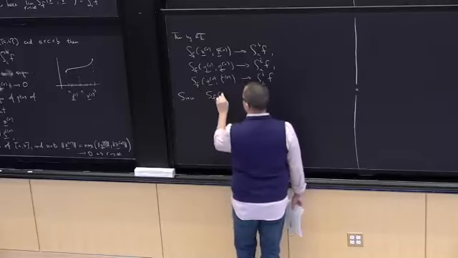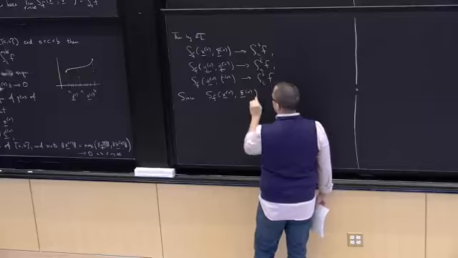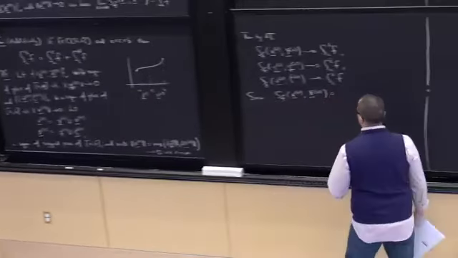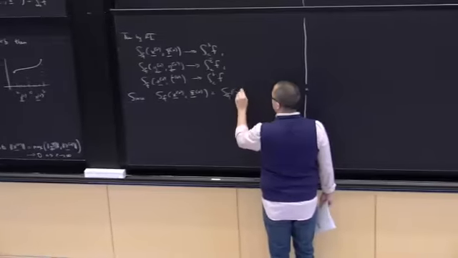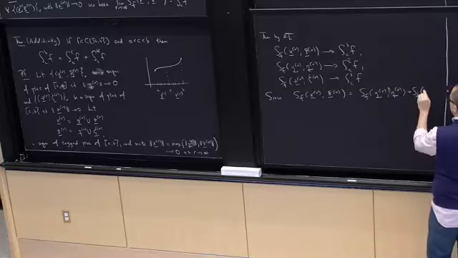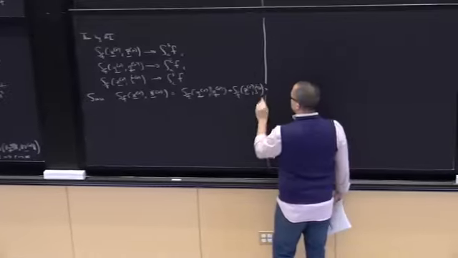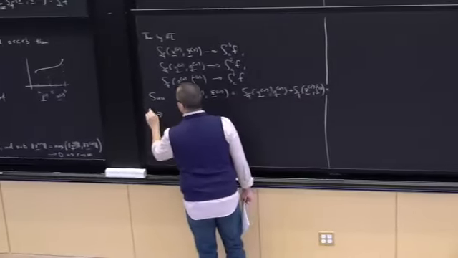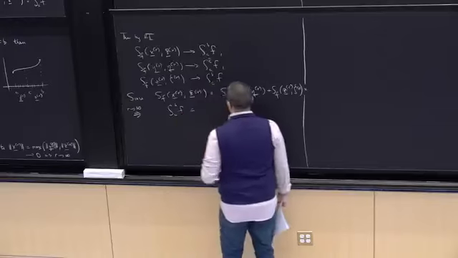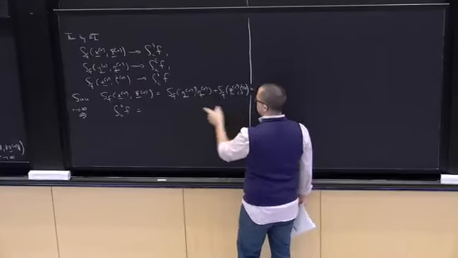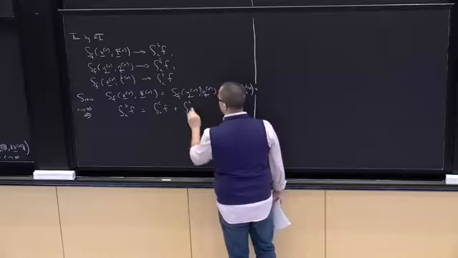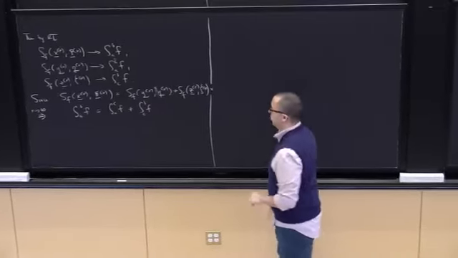Since the Riemann sum associated to this partition, which is just a union of these partitions, is equal to the sum of the two, this implies, taking the limit as r goes to infinity, the left-hand side, as I wrote down here, converges to the integral from a to b of f. And the right-hand side, the limit of the sum is the sum of the limits, so the first converges to the integral from a to c of f, and the second converges to the integral from c to b of f. Okay?